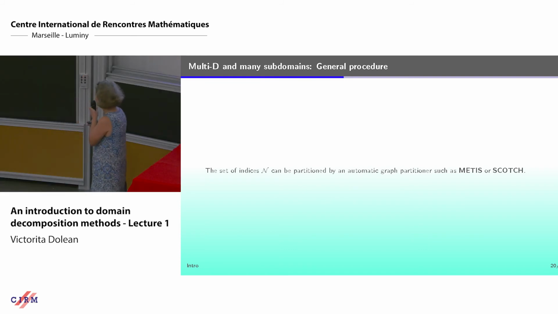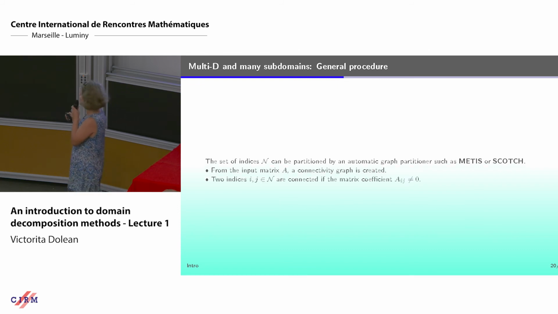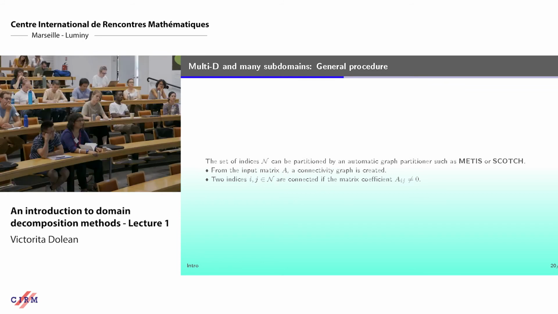So now, how does it work in real life? How can you get the set of indices and the partition of the global domain in the sense of degrees of freedom? This is usually done automatically. Suppose that you have a mesh generated by a mesh generator. You can use an automatic graph partitioner like Metis or Scotch.